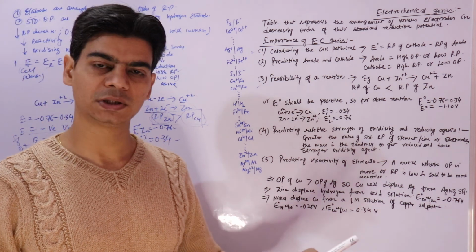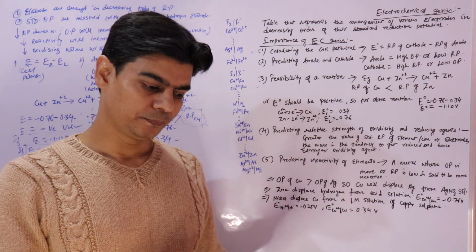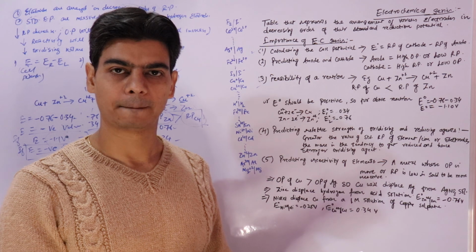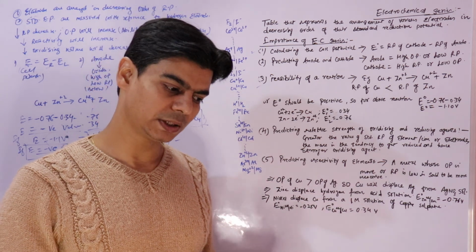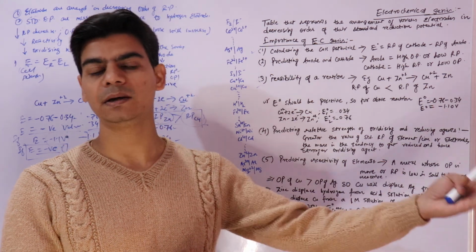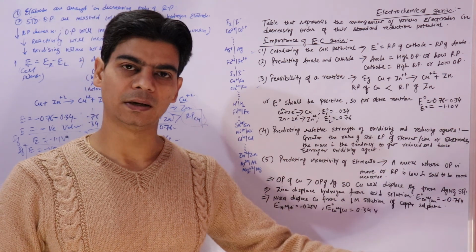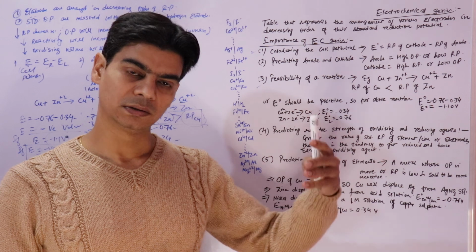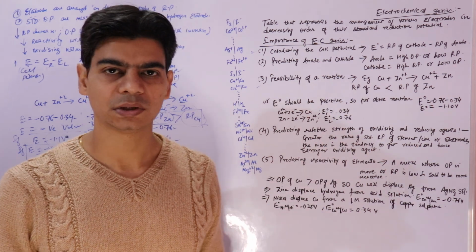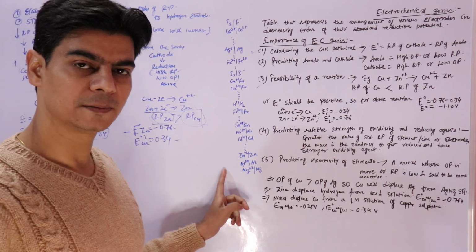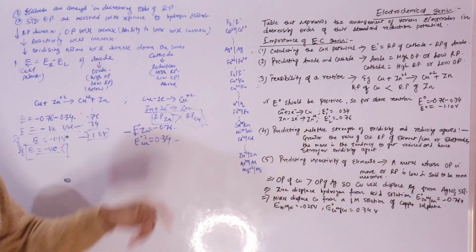High oxidation potential means the metal or the electrode will easily lose electrons, which can be gained by some other substance, ion or metal. That is, the reducing nature is increasing down the series.